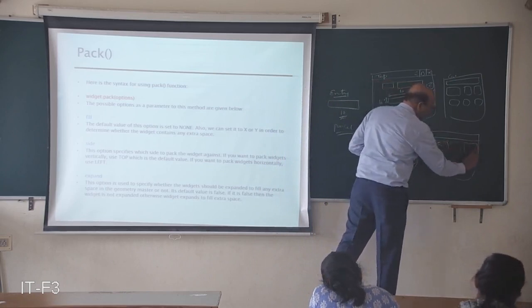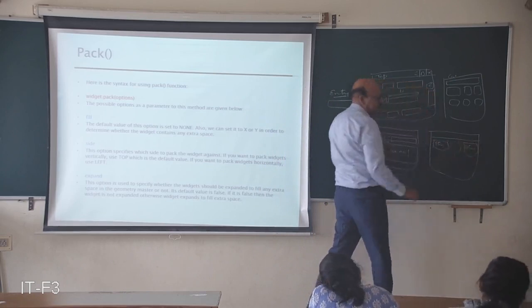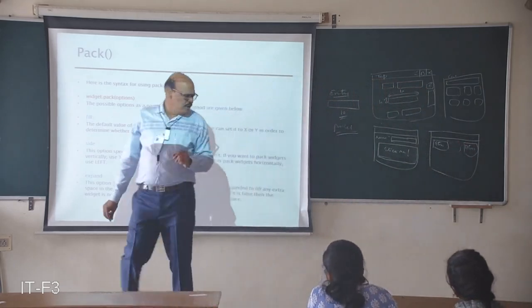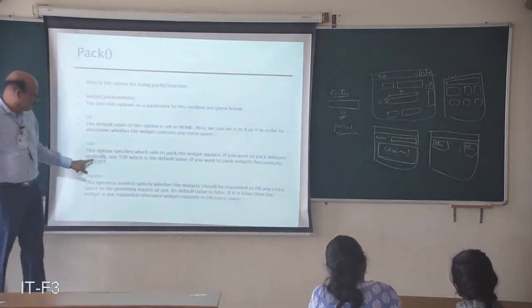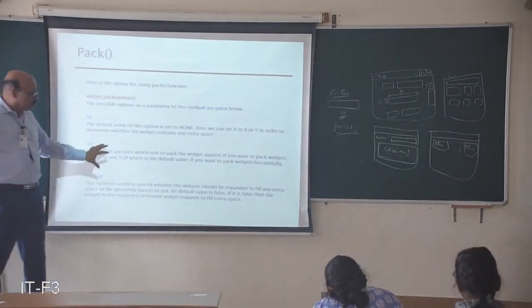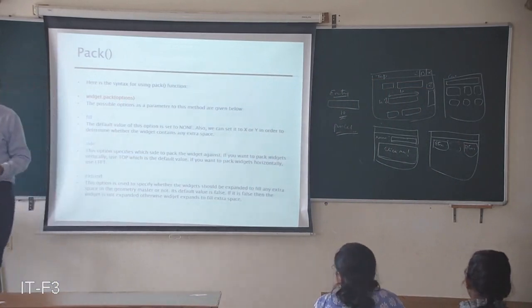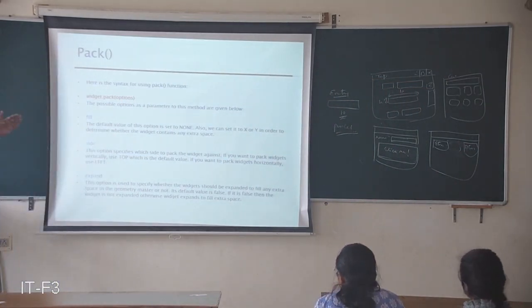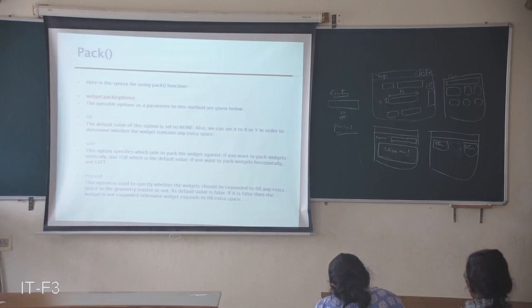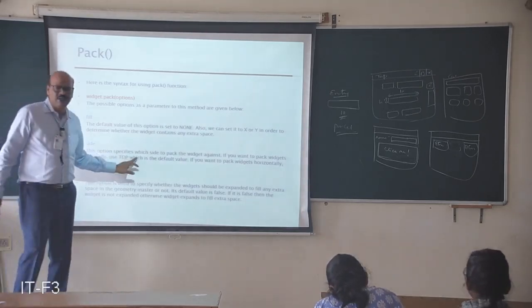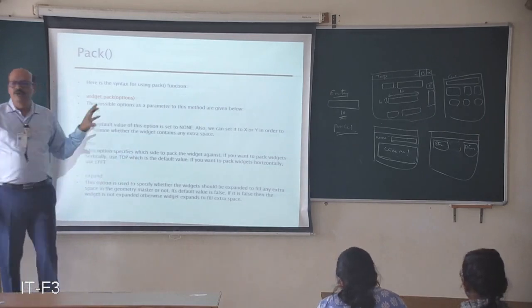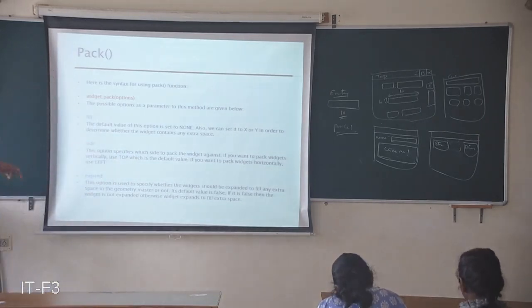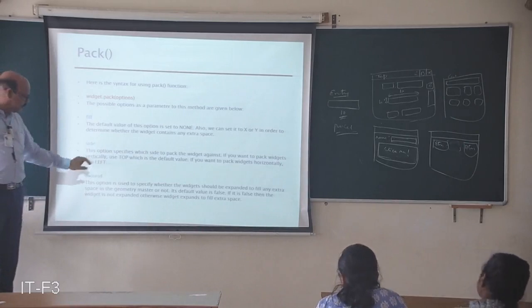If you use right, it will be created on the right side. So these are the sides. It depends on how you want your alignment to be, whether you want to place the widget starting from the leftmost column, the rightmost column, or in the center. By default it's center, so you need not specify anything. If you don't want center and want left, something like that, you can use it.